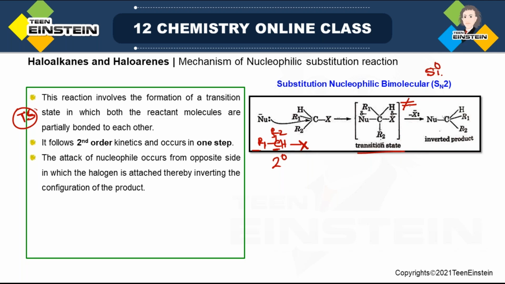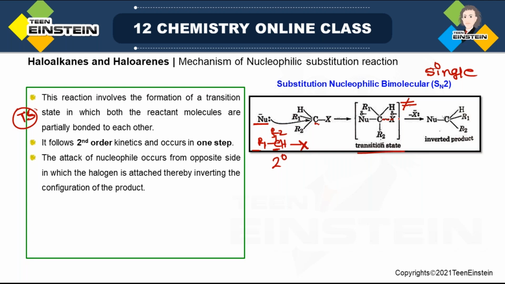In SN1, what you have seen is a 2-step reaction, but now it is single step. This reaction involves formation of a transition state in which both the reactant molecules are partially bonded to each other. What is the meaning of this line? Here, the attack of the nucleophile and the breaking of this carbon halogen bond are both taking place simultaneously. That means in the transition state, these lines should be dotted.